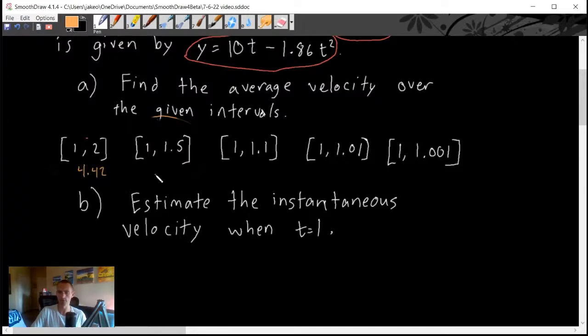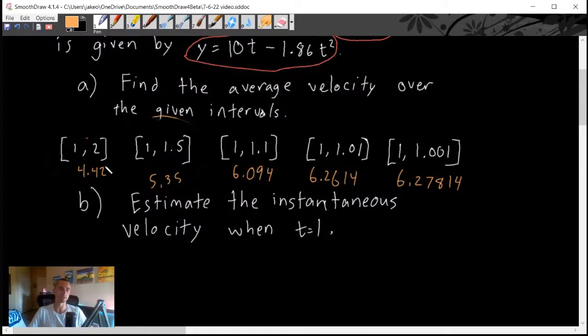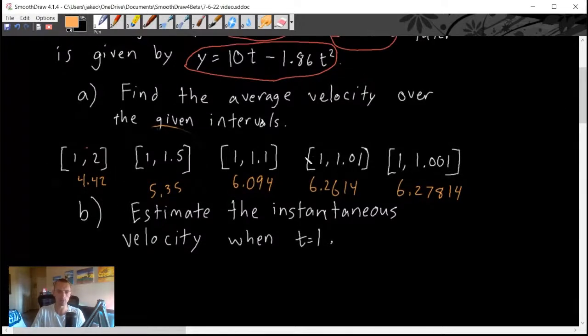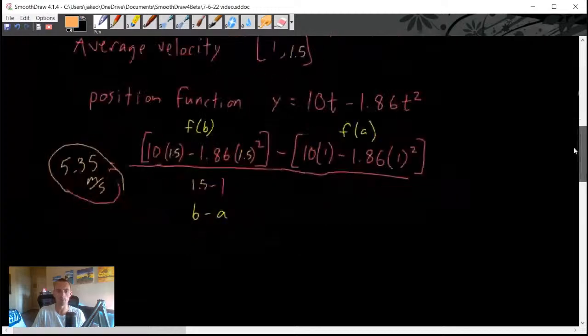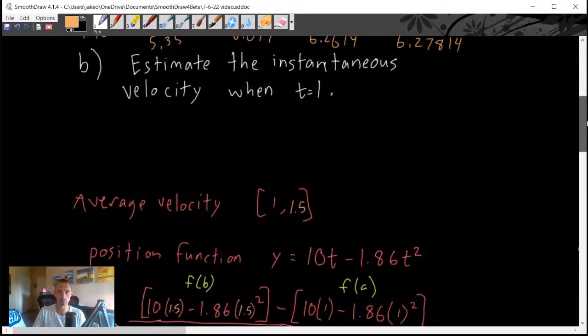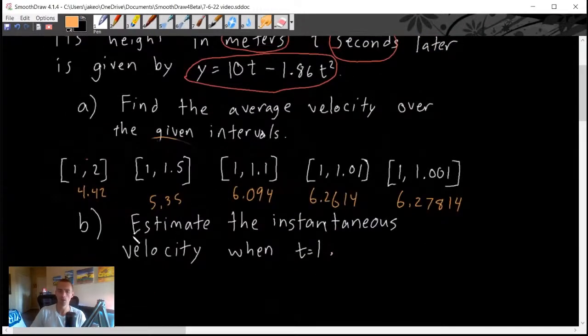The second one is 5.35. Once you use that formula for 1 and 1.1, you would get 6.094. This one is going to be 6.2614. And this last one is going to be 6.27814. Once you plug the 2 numbers within each interval into the formula, that will give you these 5 numbers as your answers.